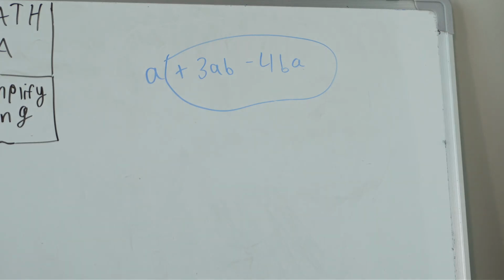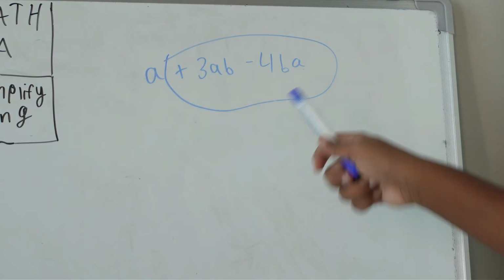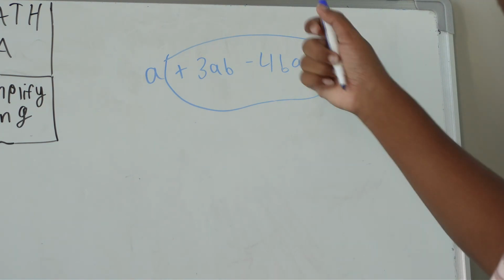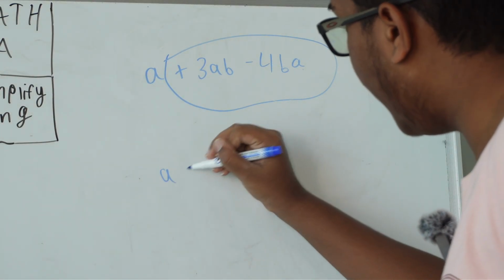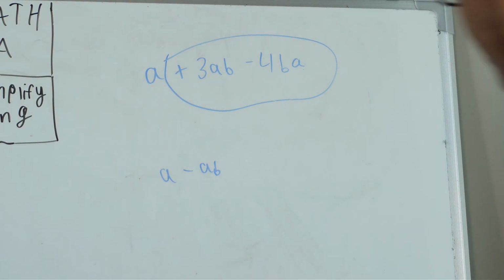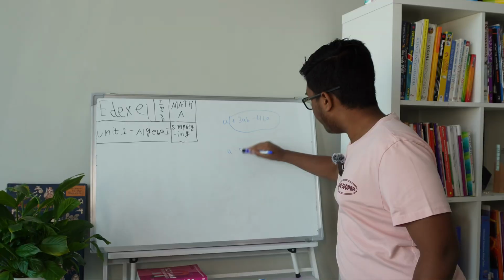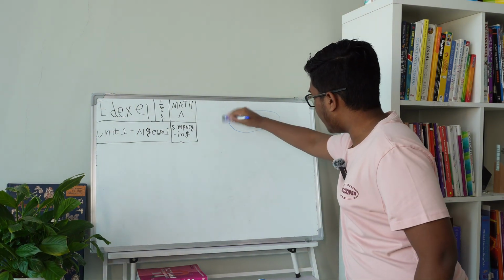But if I multiply 5 by 3, I still get 15. So in this case, these two are like. So 3 minus 4 is minus 1. So in this case, it's A minus AB. Very simple, actually. See? So it's A minus AB.